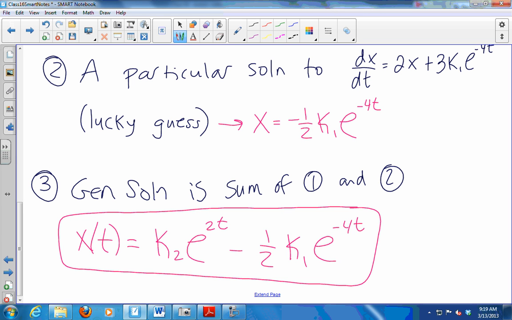So next, now that I have a general solution for x and a general solution for y, if you're given an initial condition, you can plug in and figure out what k1 and k2 have to be.